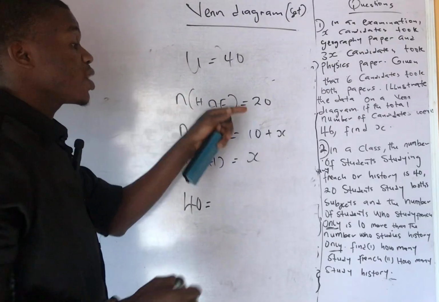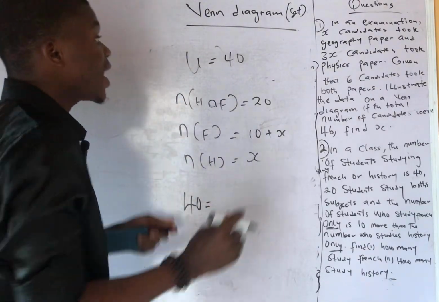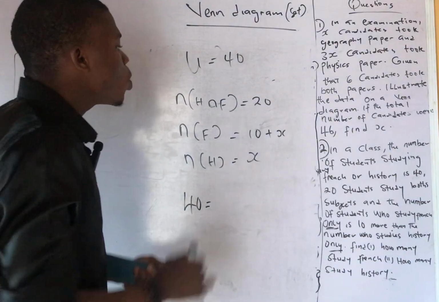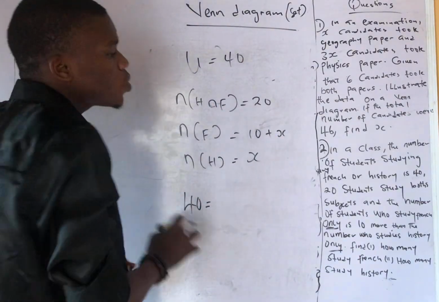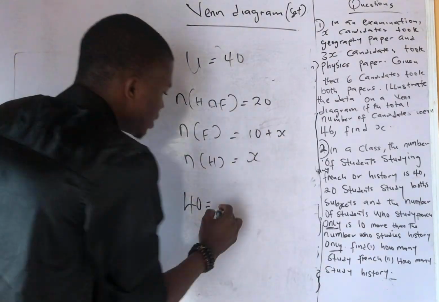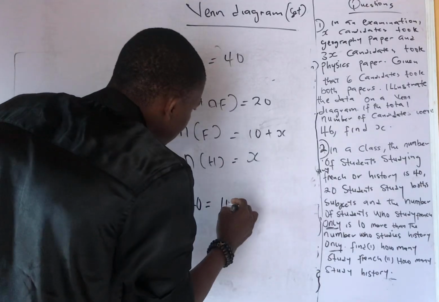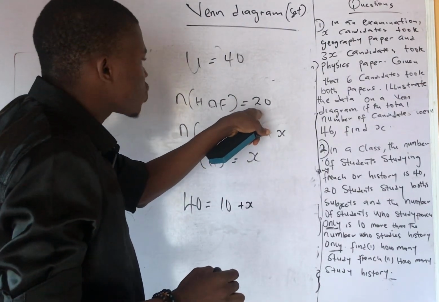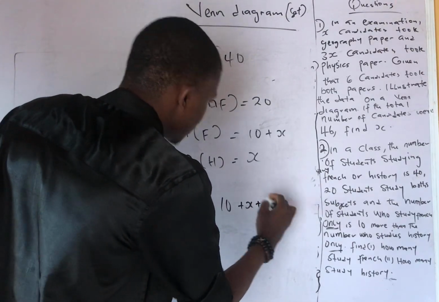if you look at the other one that does have only, we subtracted the common ones, the students that study both. But for this one, since it's only, we are not going to subtract, we are going to add. The students that study only French will be 10 plus x. Then we add the students that study both, which is 20.